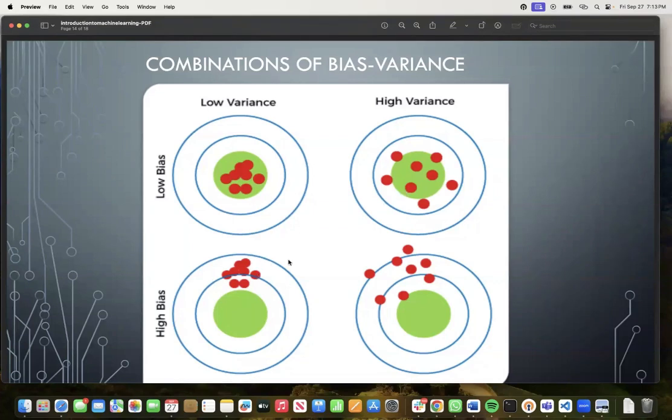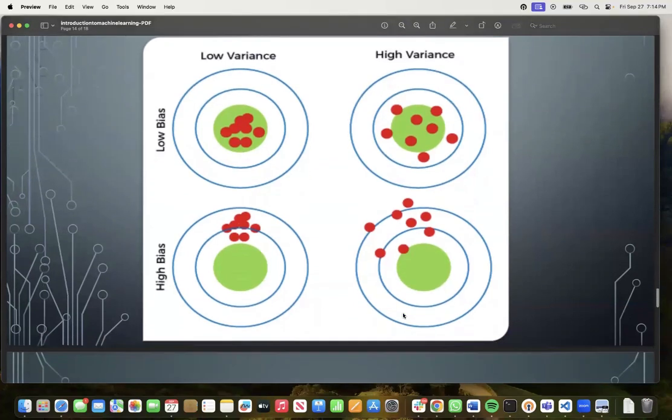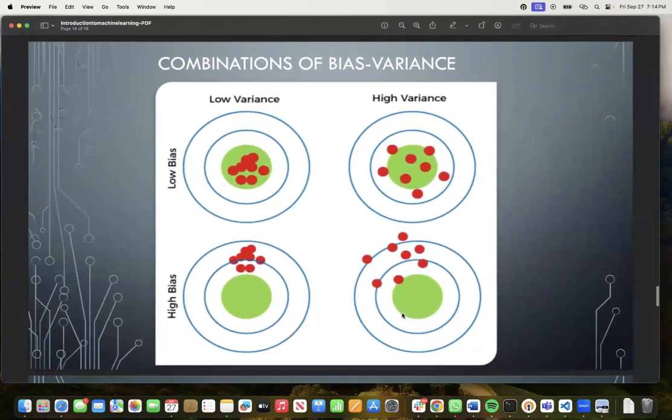Now look at high bias. It's deviating so much, getting very far away from the green spot. And so that is high bias, and then low variance is deviating so much from the green spots. And so that is not quite ideal. You might want this one in this case. You understand? All right, it's quite technical here, so I don't want to go that deep.